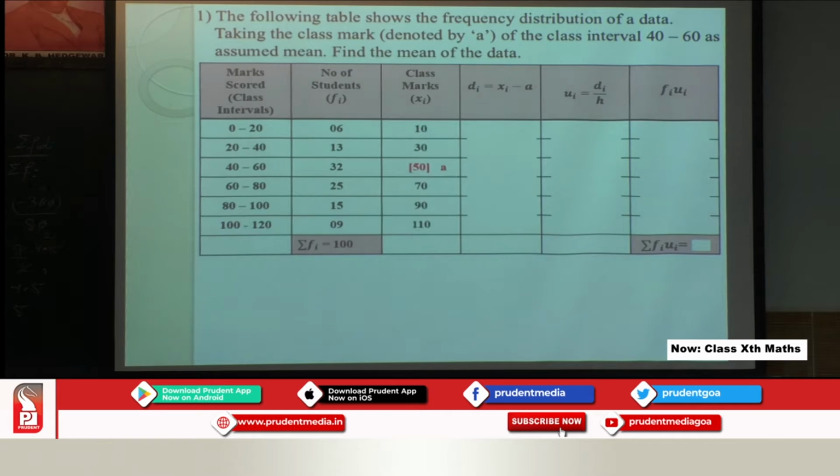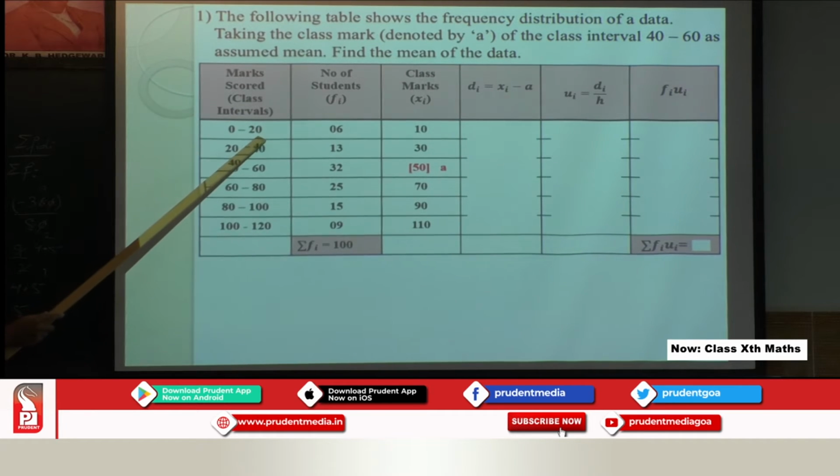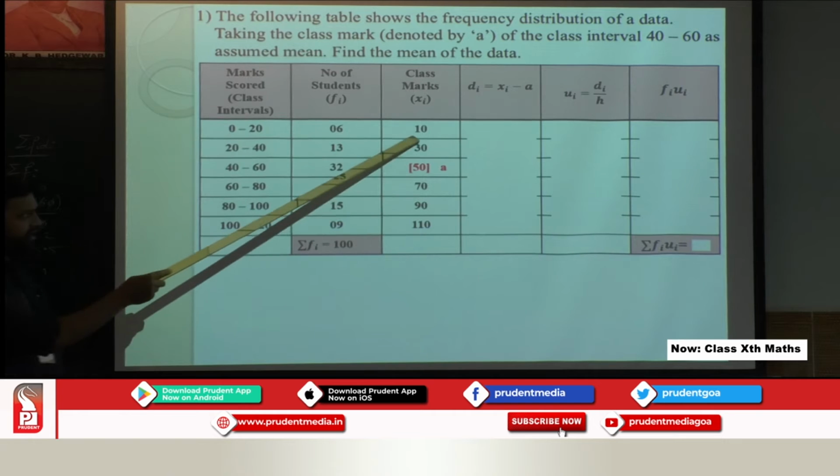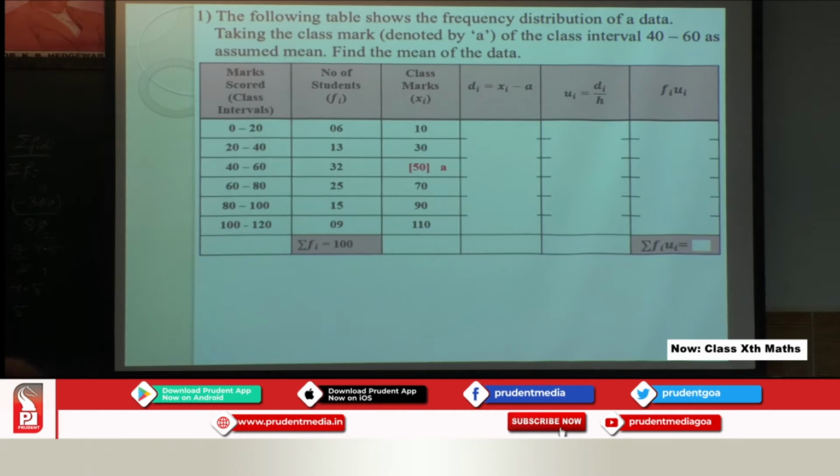You know how to find it. Add the upper limit and lower limit, that is 0 plus 20, lower limit is 0, upper limit is 20. So 0 plus 20 divided by 2 is 10. Same way, 20 to 40 is 30, 40 to 60 is 50, 60 to 80 is 70, 80 to 100 is 90, and 100 to 120 is 110.